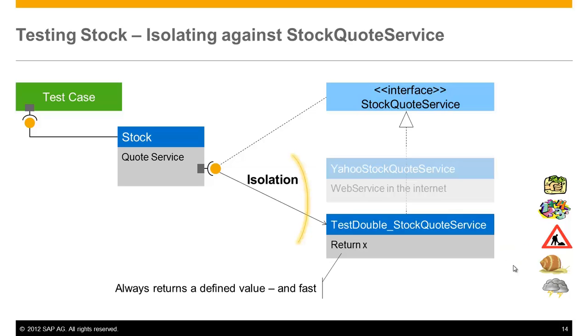And instead of calling the real quote service, we want to call a so-called testable. It pretends to be the real stock quote service, but it doesn't go to the internet, it just returns a value that we tell it to return beforehand. So in this case, for instance, just return that one variable x. So the stock object doesn't know that it's actually talking to the testable when the code runs.